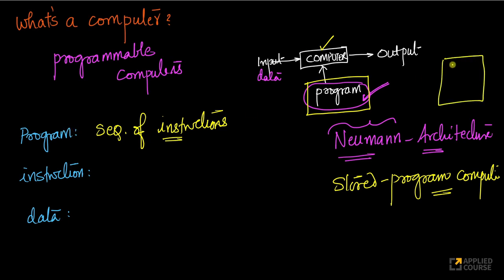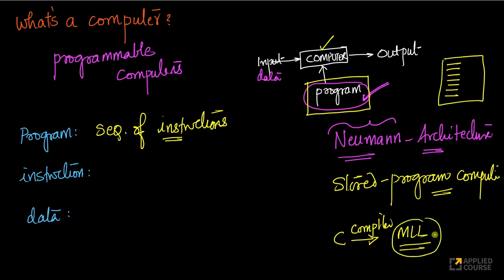If you look at a C program, it's basically a sequence of instructions, right? You say, okay, allocate this variable, then change this variable to this, and so on and so forth. So the C program you write, a compiler takes and converts into a machine level language. A machine level language is basically binary language, where you have a set of instructions like this, right?